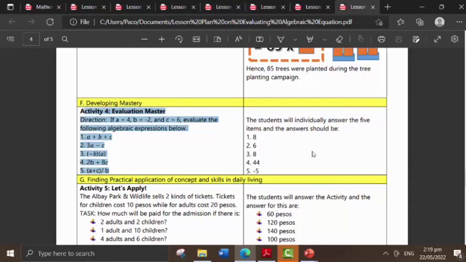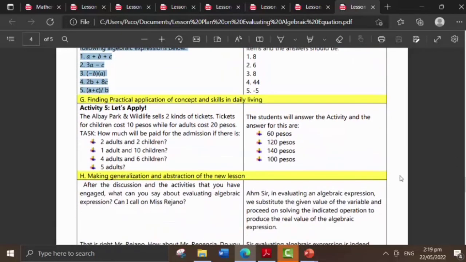After the part for developing mastery, it is important for the learning of the students to apply their learning to real life situations, or they should be able to relate their learning to their previous experiences, or it should be usable in their daily life activities. That is why in part G, we have finding practical application of concepts and skills in daily living.